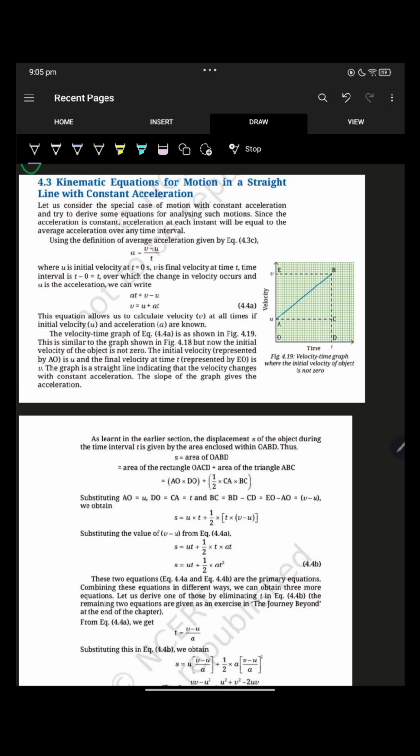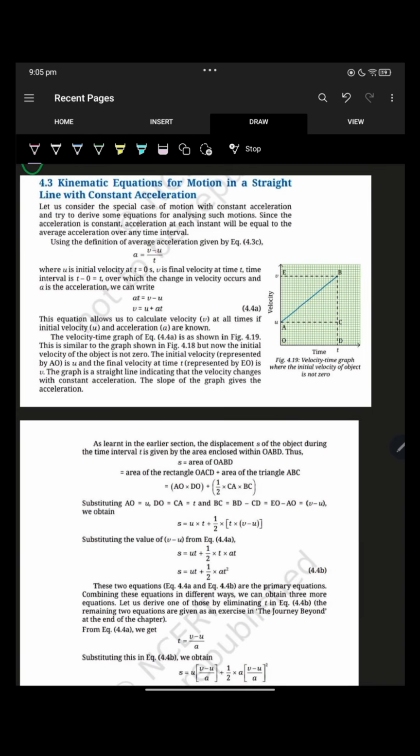If the acceleration is constant, that means at every instant, the acceleration will be equal to the average acceleration over any time interval, using the definition of average acceleration.